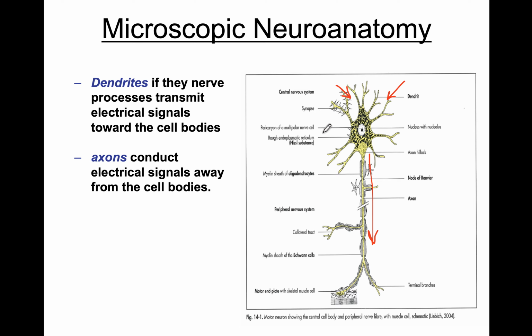All of these structures are the dendrites, whereas this one here is the axon, and this one here we have the cell body.